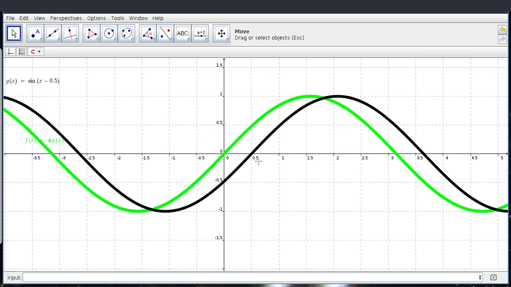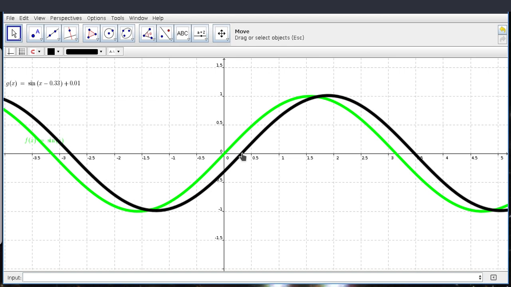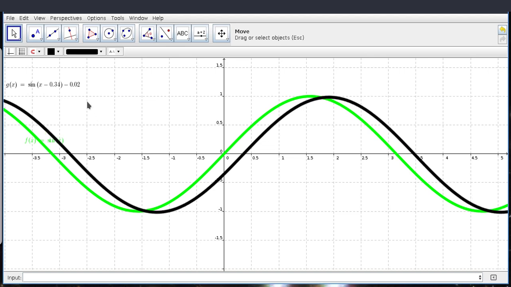Let us move the modified graph and watch the equation for it. Shifting to the left. Oh, I'm moving up a bit. That's why you see the minus 0.2 up and down a bit. I'm not able to move it that straight.